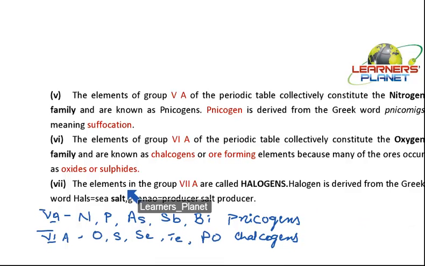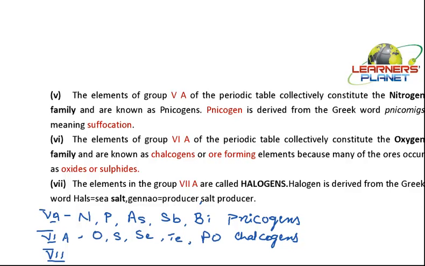Now the elements in the group 7A are called halogens. Halogen is derived from the Greek word hals, meaning sea salt, and geno, meaning producer, that is salt producer. So these elements are salt producers. Now what are the elements, students, here?